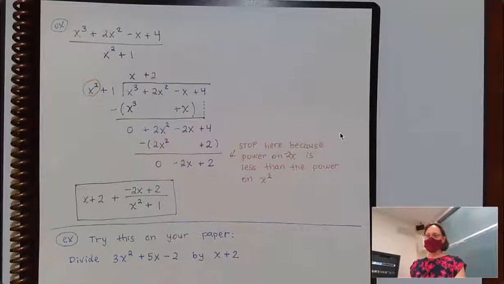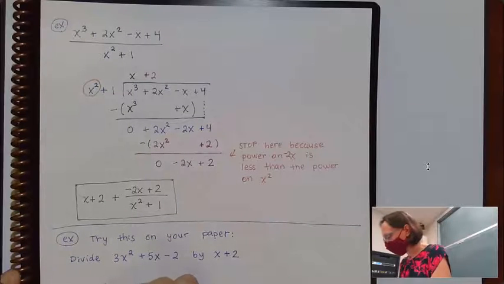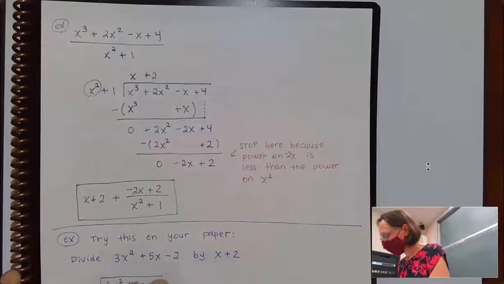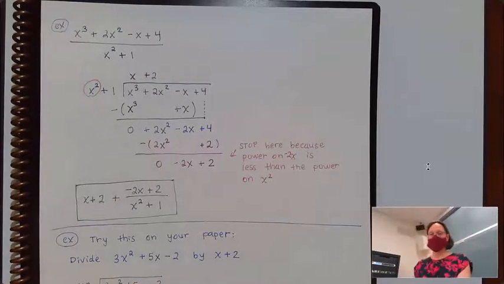Let's give it a shot together. So to set this up, I'm going to have 3x squared plus 5x minus 2 on the inside and x plus 2 on the outside.